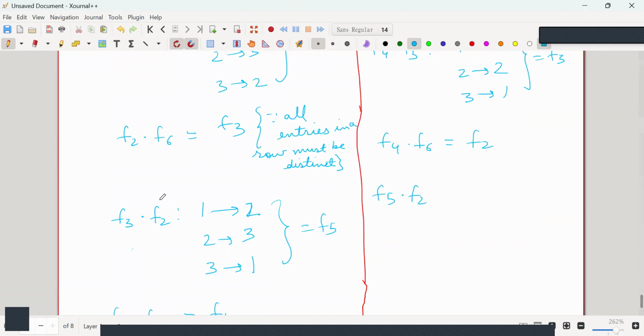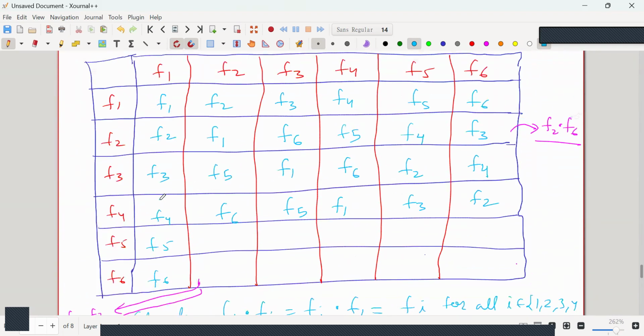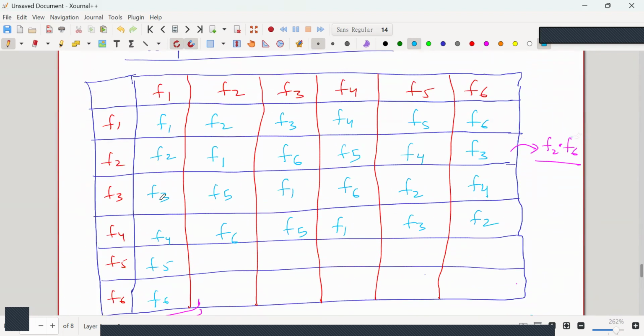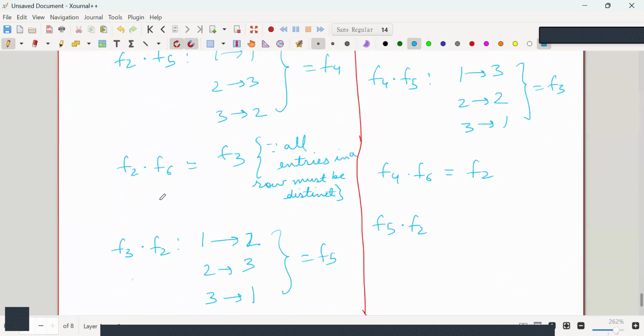So what is F5 composed with F2? So F2 maps 1 to 2, and then F5 maps 2 to 3. So overall 1 will be mapped to 3. F2 maps 2 to 1, and in F5 1 is mapped to 2.